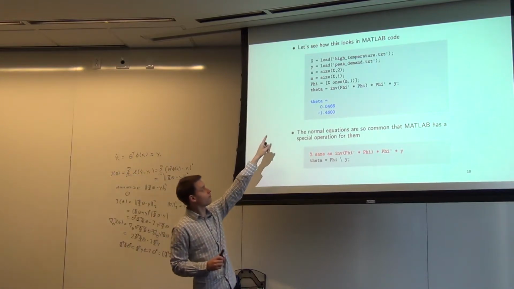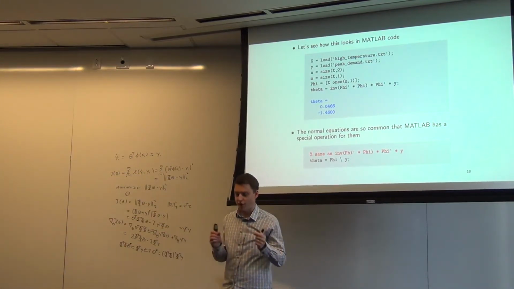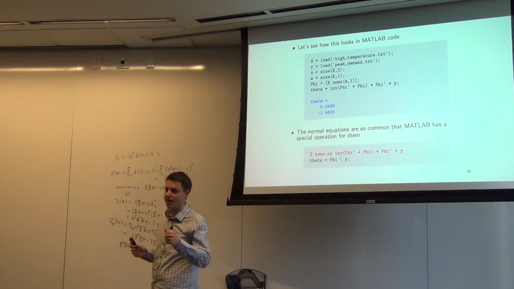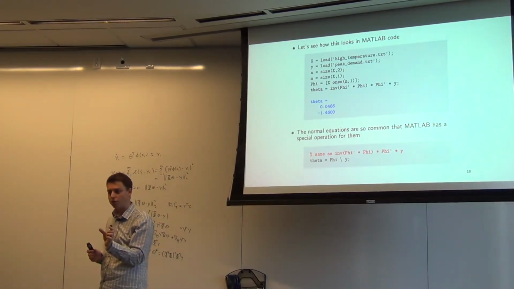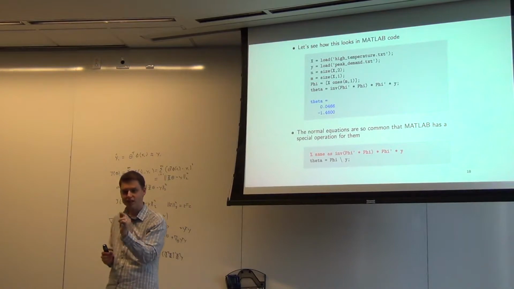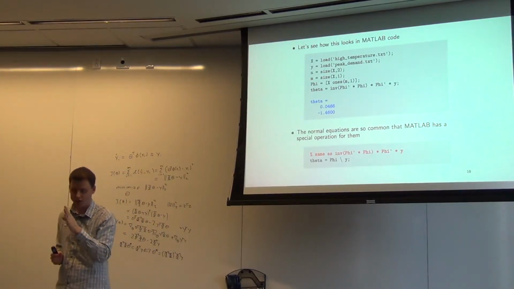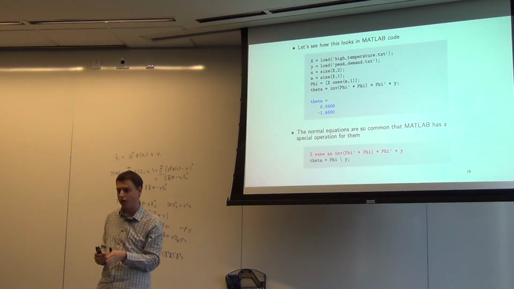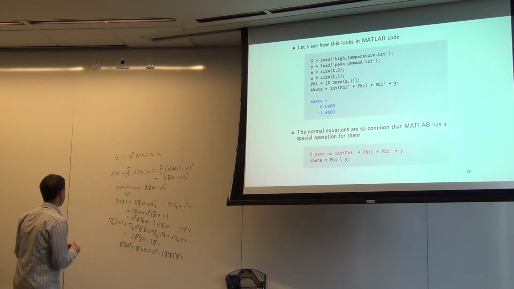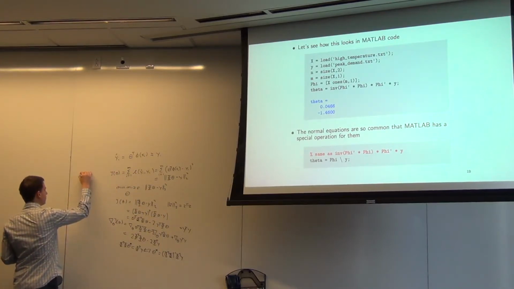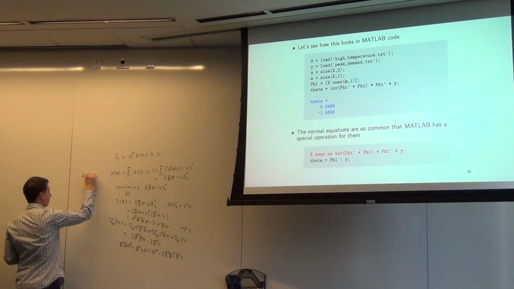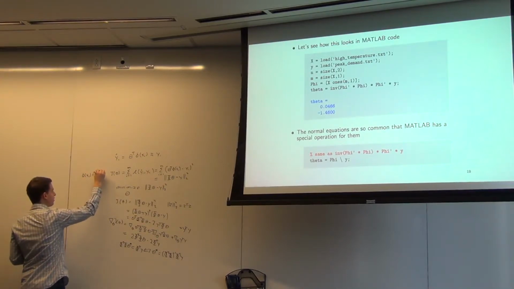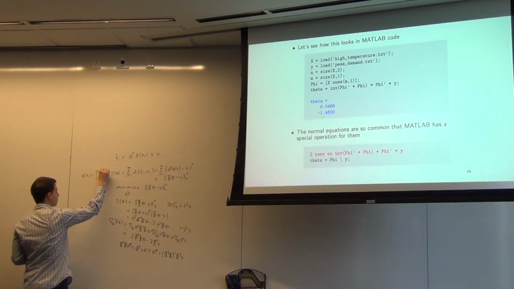And we construct our feature matrix phi, which has in its first column just the actual values of x, and in its second column the values of 1. Remember, our feature vector here is just equal, in this case, to x_i, 1.